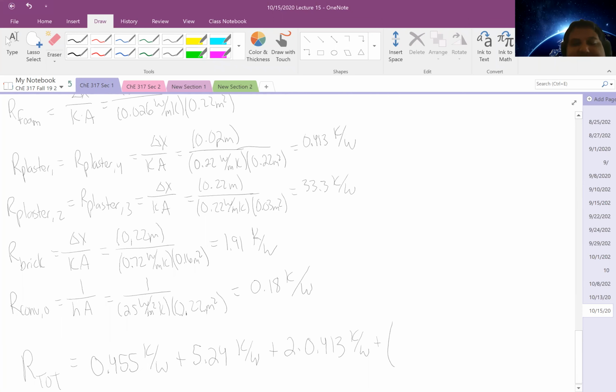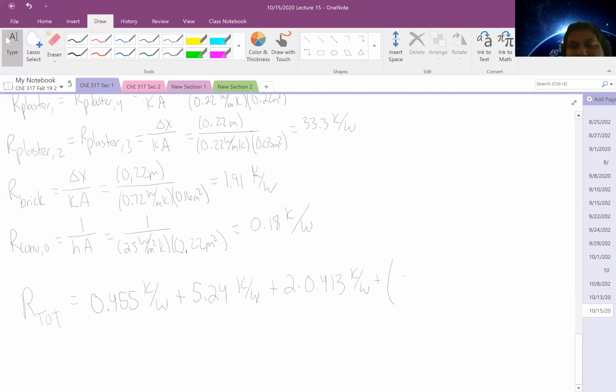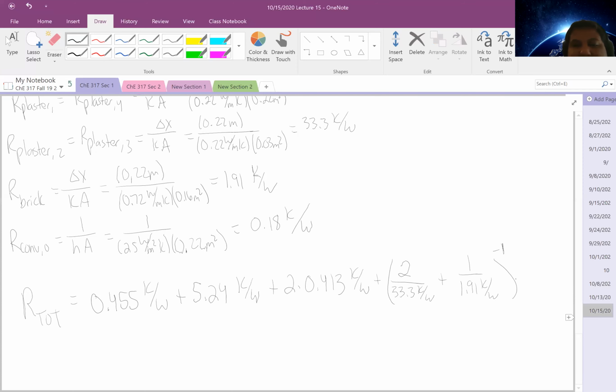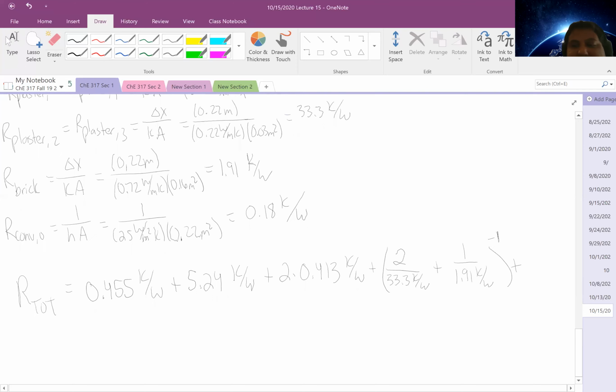Since my plaster layers are the same, I can simply say it's 2 divided by 33.3 kelvins per watt, plus 1 divided by 1.91 kelvins per watt, to the inverse, plus that final convective layer on the outside, 0.18 kelvins per watt.